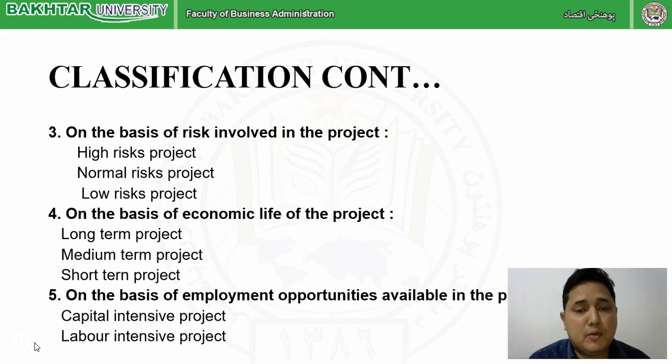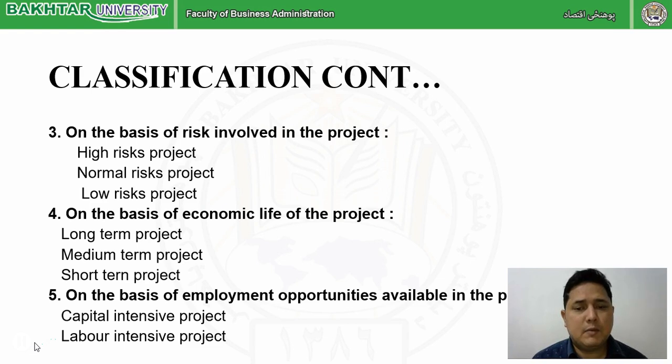On the basis of employment opportunity, there are basically two types of project: capital intensive projects and labor intensive projects. Capital intensive projects are those which require more capital and less labor, like the software industry. When you develop software, it requires more capital to pay the people involved, to get the right executive, experienced or professional people to develop that project, but you don't require many people.